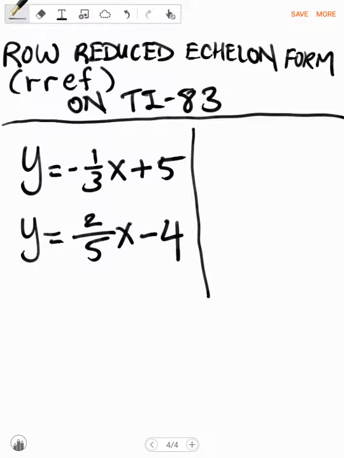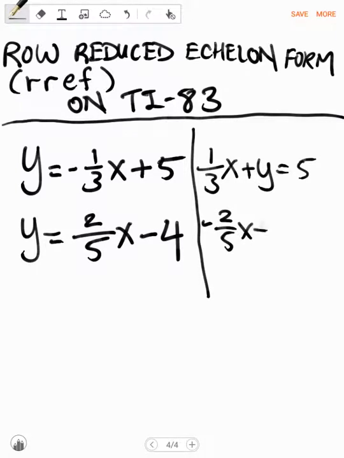So I end up with 1/3 x plus y equal to 5. That negative 1/3 x moved to the left side, so it turned positive. Then I bring the 2/5 x over, and I have negative 2/5 x plus y equal to negative 4.